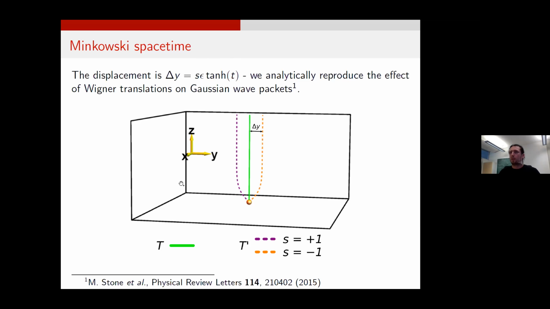So basically, these equations are reproducing exactly this Wigner translation for Gaussian wave packets that I mentioned in the introduction. So the boosted observer will basically see the trajectories slightly displaced as compared to the standard reference observer over here. Okay, so this is what happens in Minkowski.